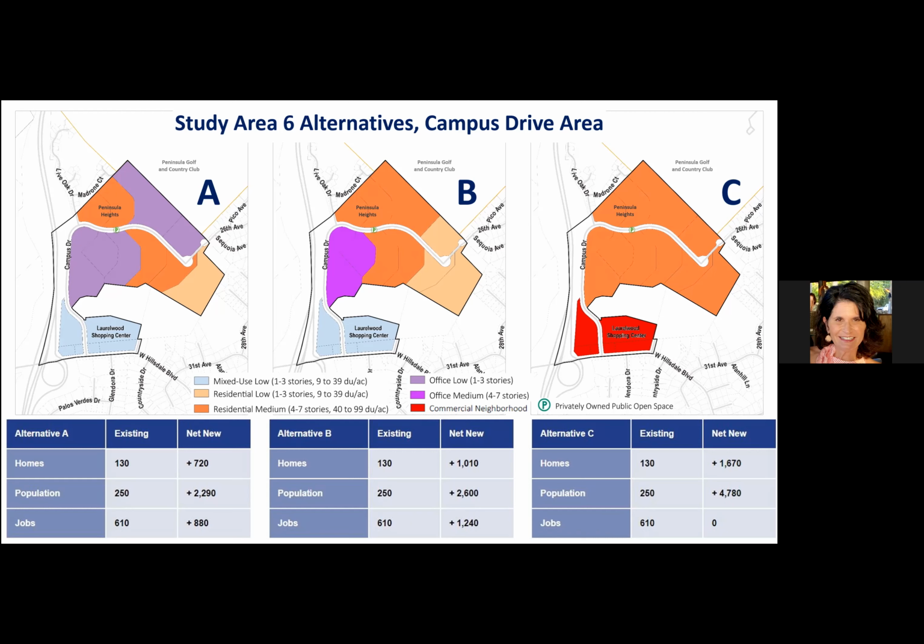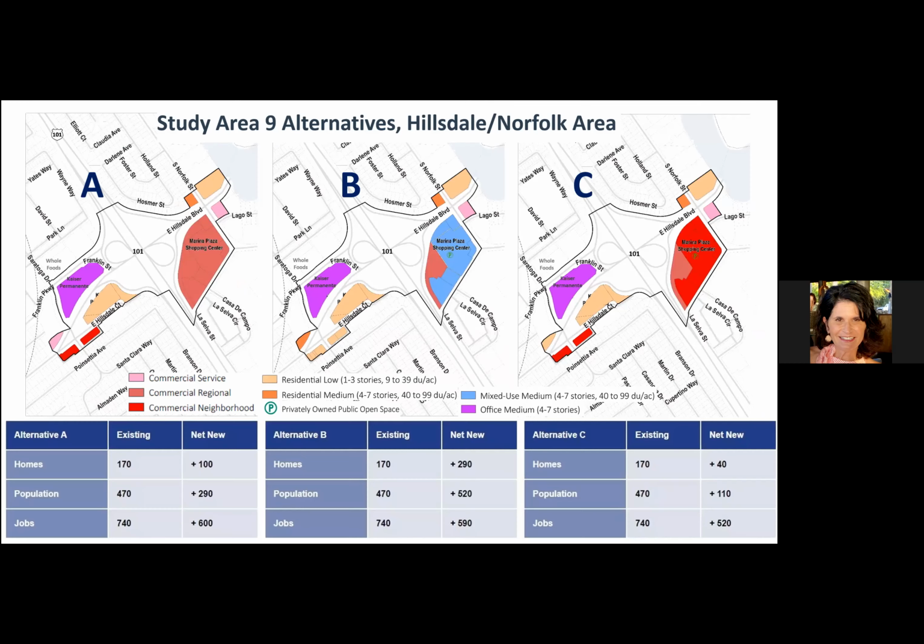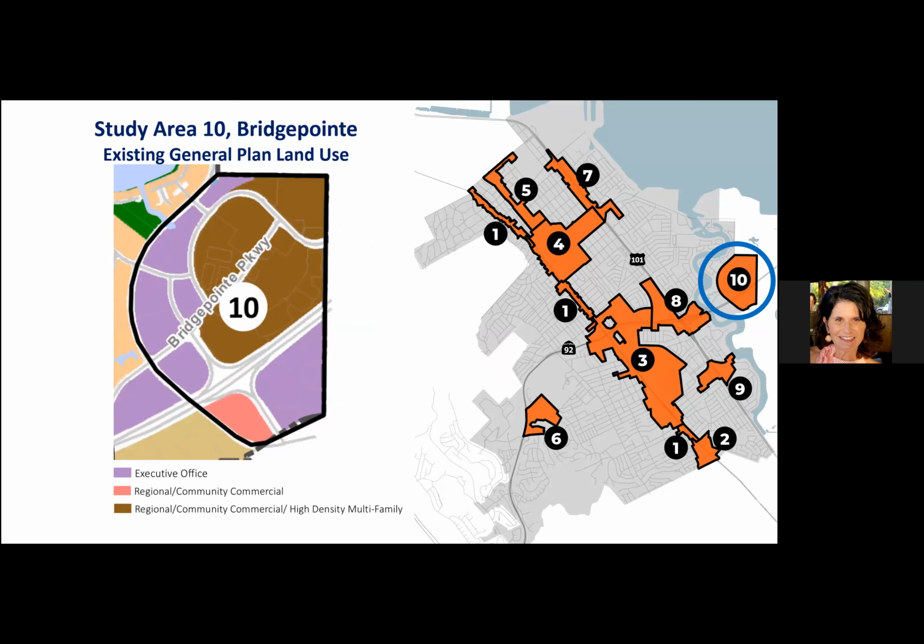But I have one more comment that says, I like this bike pedestrian connectivity comment for Campus Drive. Thank you. And then, are all these new developments going to have a surcharge to pay for the increased use of our infrastructure? Yes, every development project pays a certain amount of impact fees.